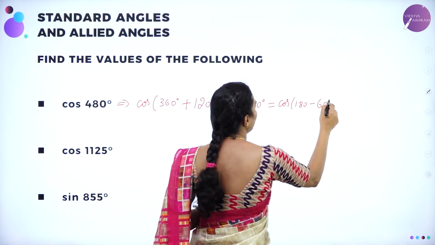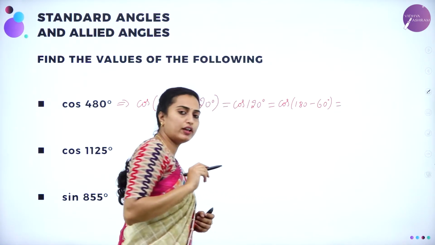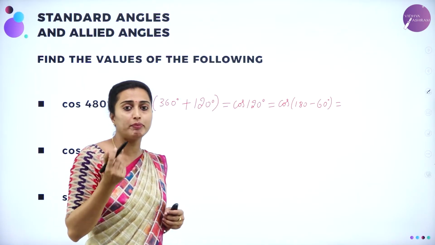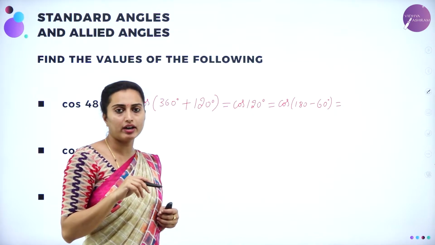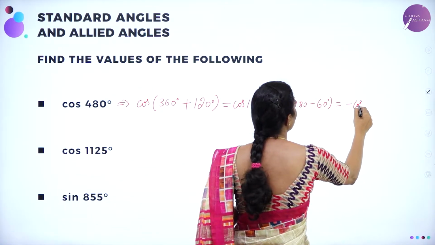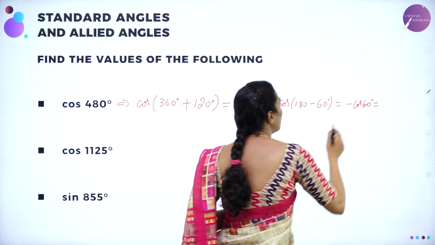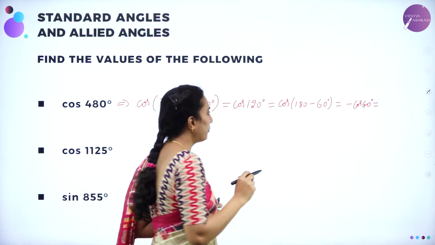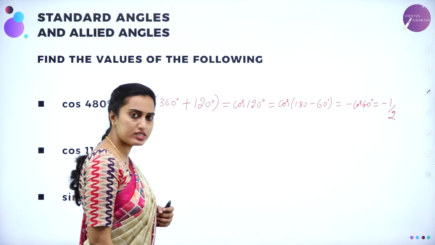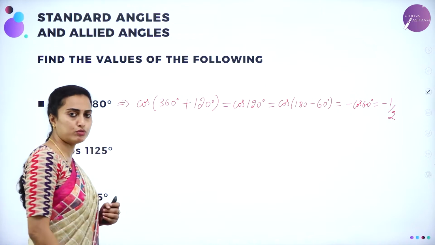I am writing 180 minus 60 only. Cos of 180 minus theta falls in the second quadrant. Cos will be cos only, but negative. In the second quadrant, cos is always negative. So minus cos 60 degree. You know cos 60 degree is 1 by 2. So minus 1 by 2 is the value of cos 480 degree. I hope you got how to solve this problem.